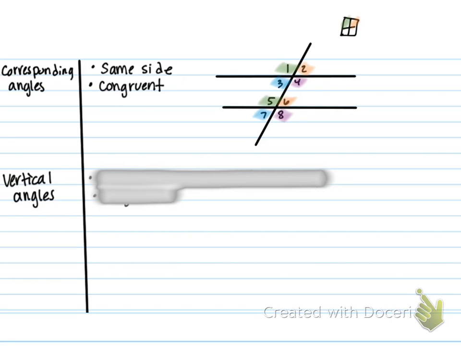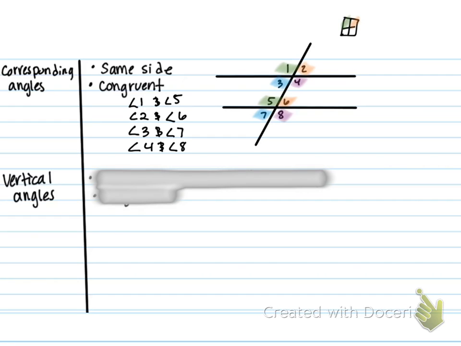So angle 1 and angle 5 are corresponding angles. Angle 2 and angle 6. Angle 3 and angle 7. And the last corresponding pair is angle 4 and angle 8.